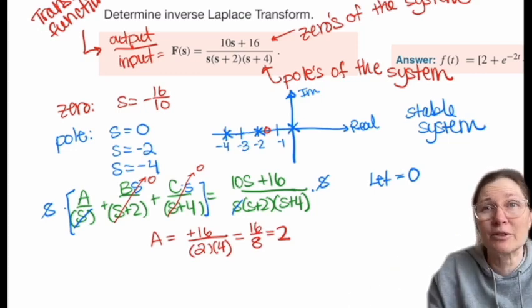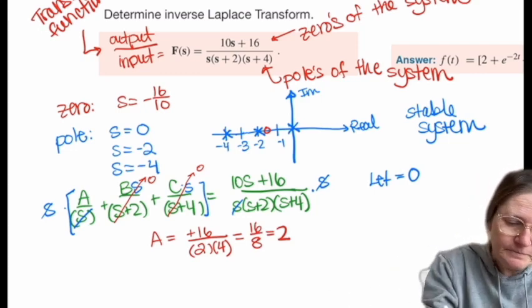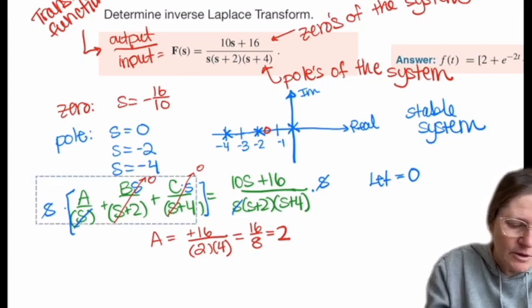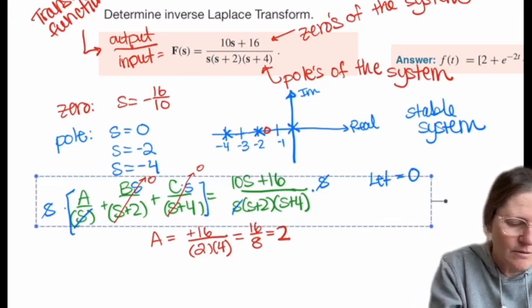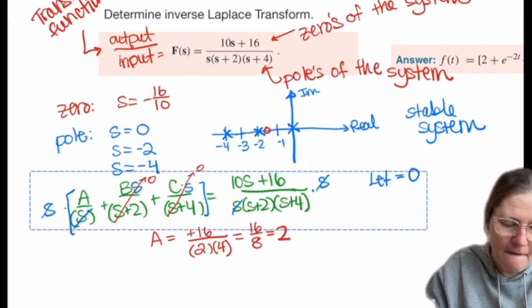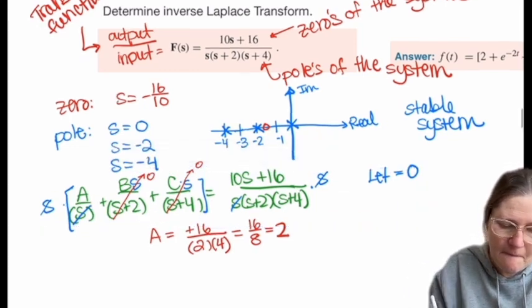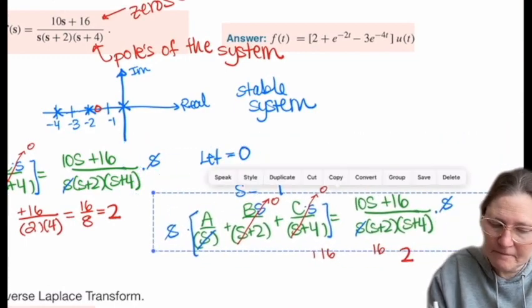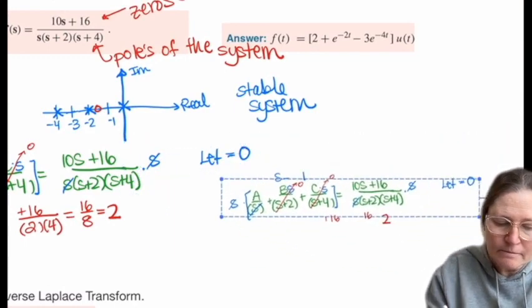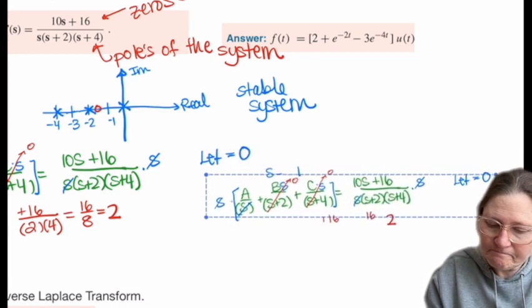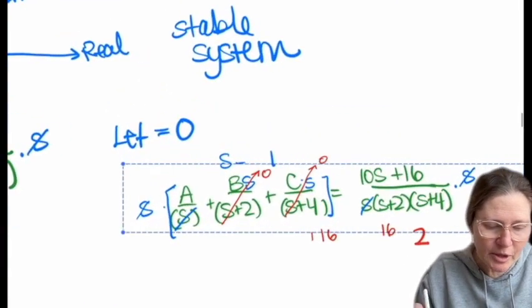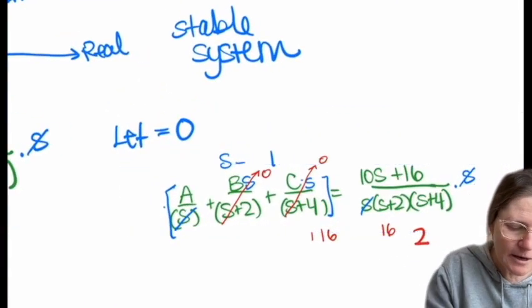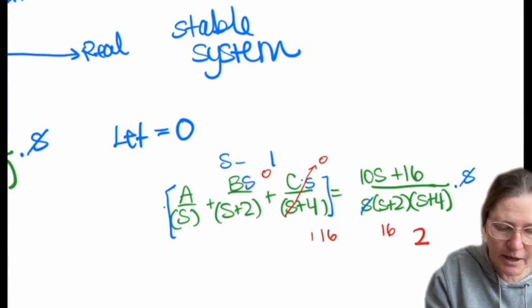And then I'm going to do the same thing for B. For this one, instead of multiplying by s, I'm going to multiply by s plus 2.